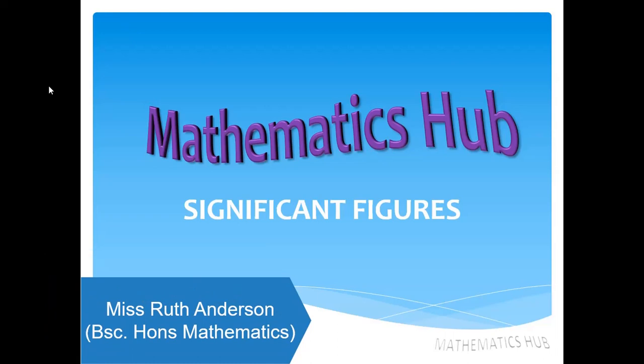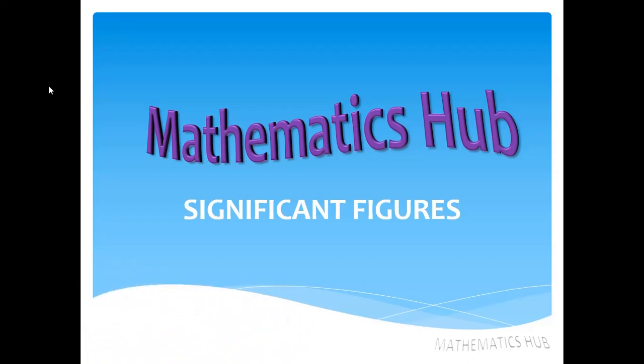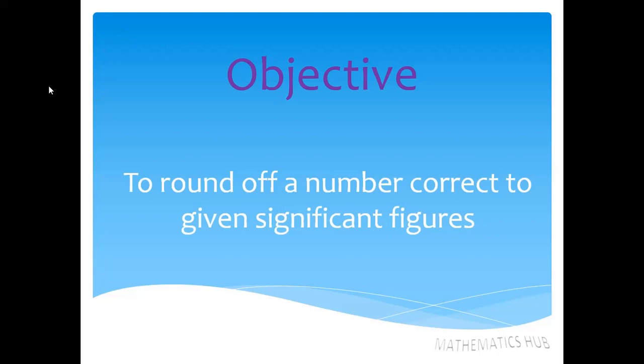In our previous lesson we were looking at significant figures and our main focus was on determining the number of significant digits in a given value. So today we continue on significant figures, but our focus now is on rounding off a number correct to given significant figures.